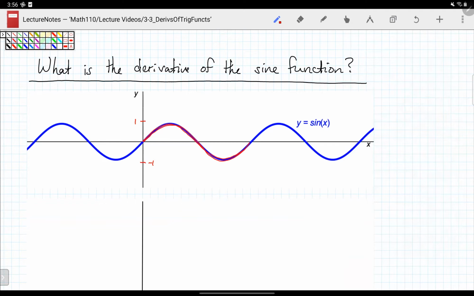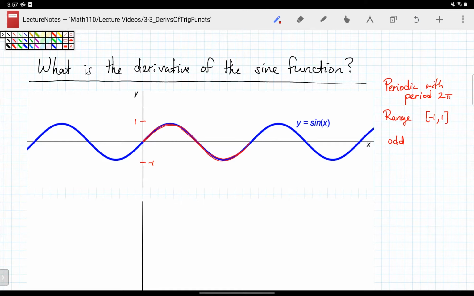It's an odd function, so let me write these things up. Periodic with period 2 pi. The range is from -1 to 1, and it is an odd function. I guess that's the main crux of things, features that we want to keep track of.